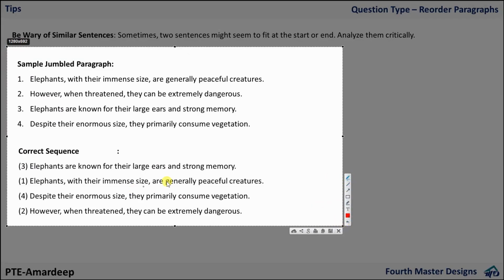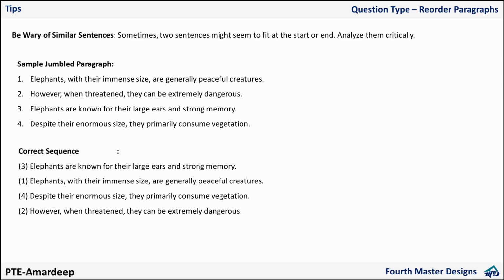The correct sequence is 1, 4, 2. If you go for 1 and 2 and then 4, this is not logical. This disturbs the flow of your sentence. Okay, so that's all. Only these 5 rules are there. Keep these in mind and practice as much as you can.